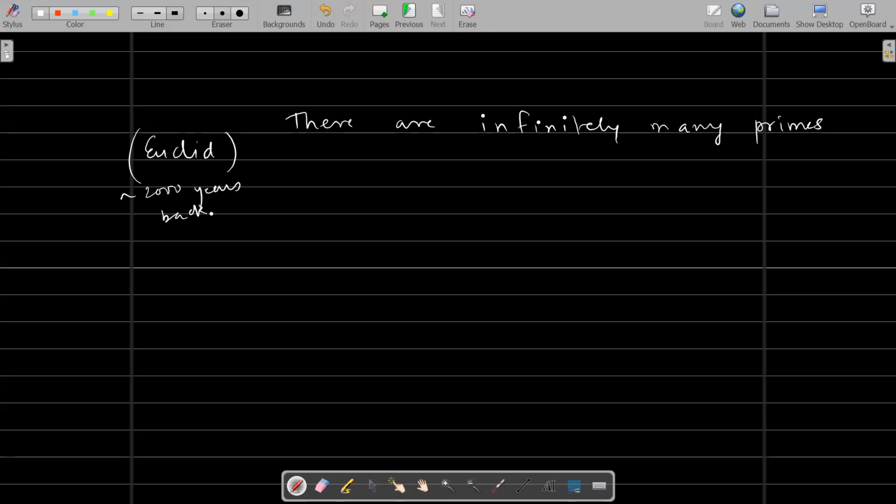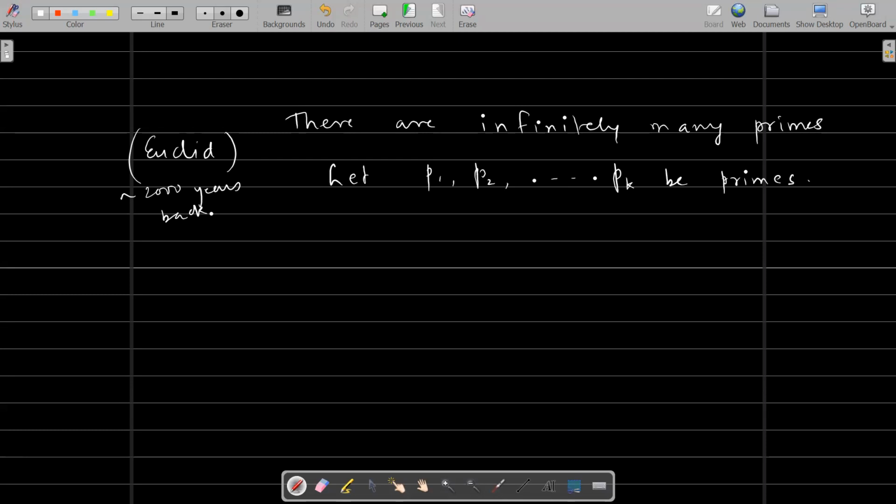Yeah. So his proof is something like this. Suppose we know, say, primes P1, P2, up to Pk, finitely many, okay? Then using those primes, I can construct a new prime. That's the idea. So let P1, P2, P3 up to some Pk be primes.